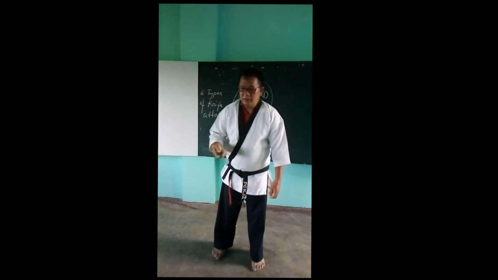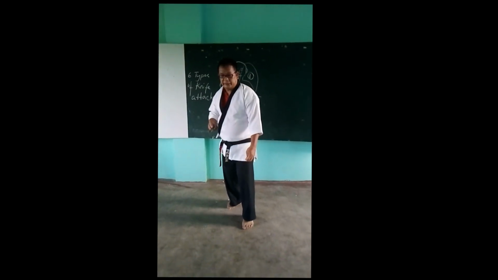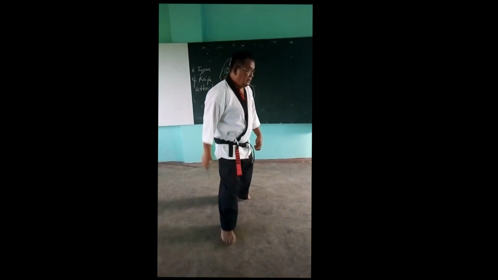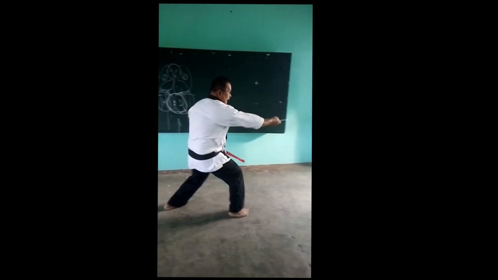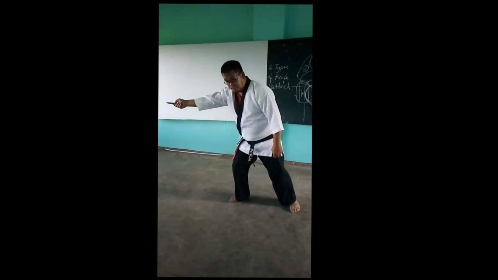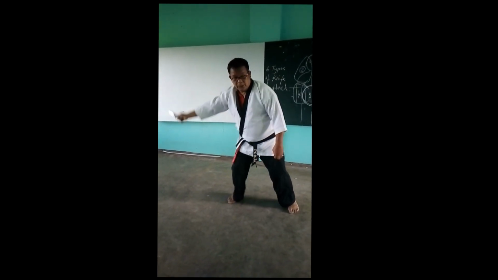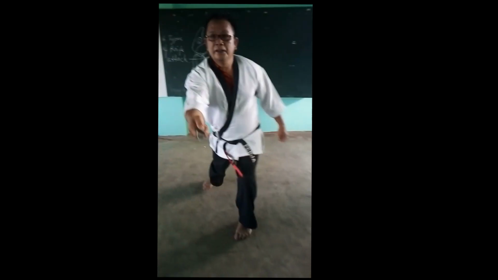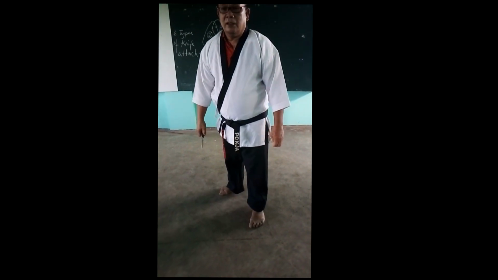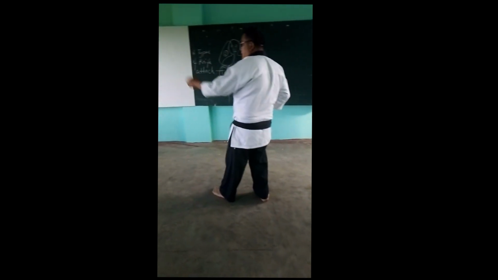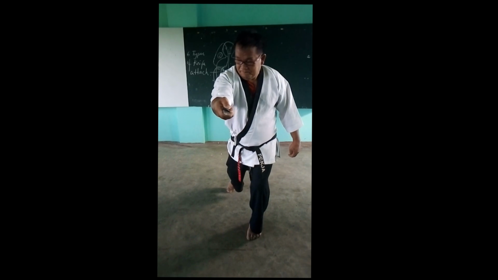Meaning, the number 5 knife attack is here in the center part of your body. Side view, number 5. Okay? If I turn around and stab you, the same, number 5. If I stab this part, the same, number 5. If I stab this side, the same, is number 5.